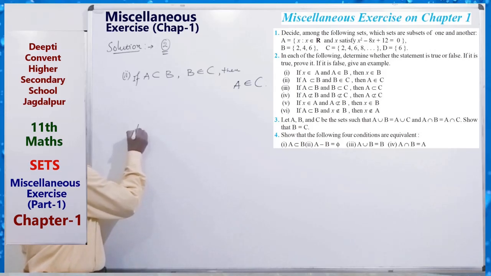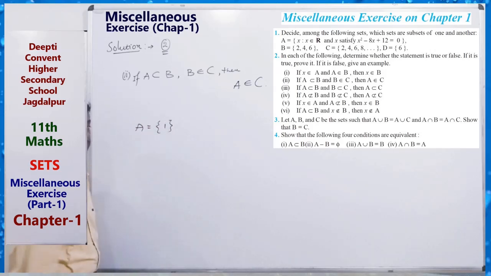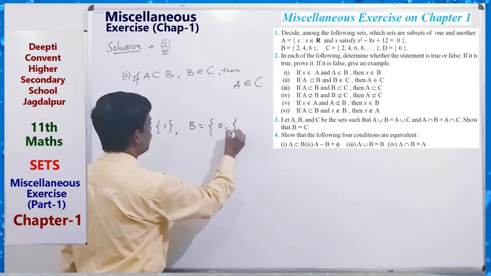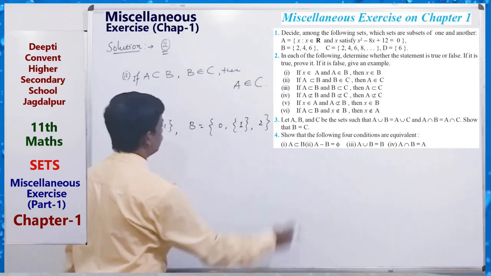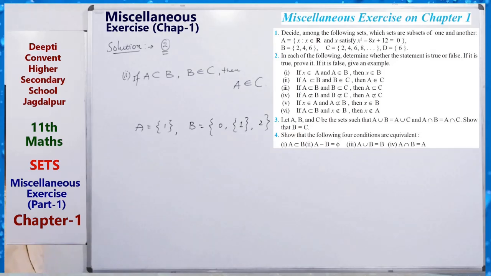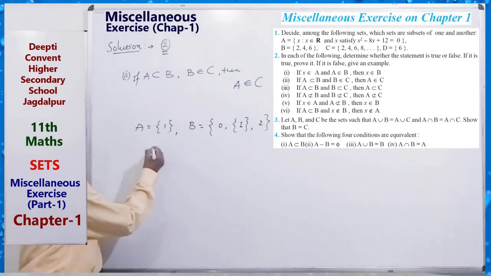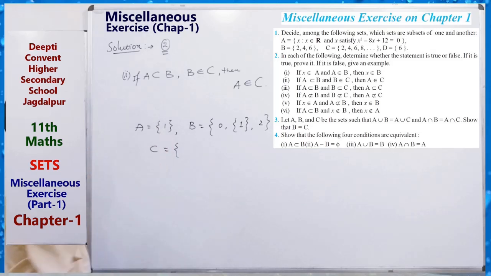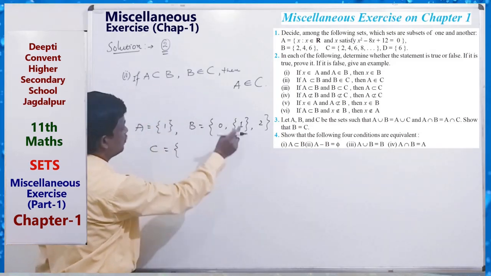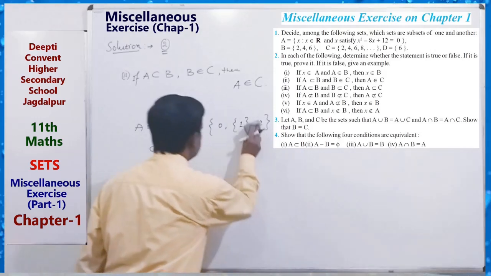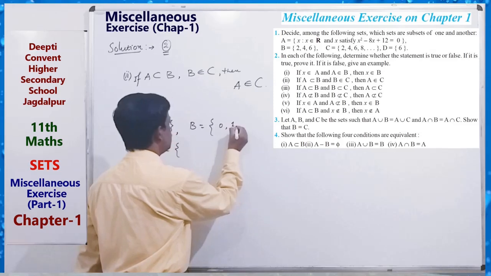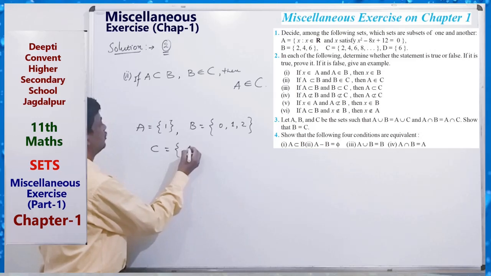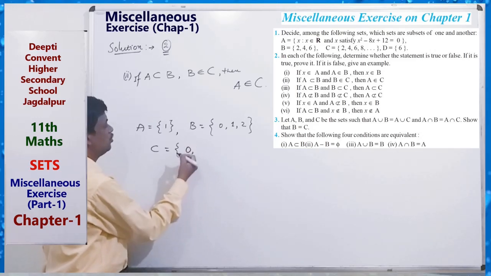So here if we make a set A equals 1 and B equals 0, 1, 2, and C equals, A is a subset of this, so here it is not required, 0, 1, we can write 0, 1, 2.